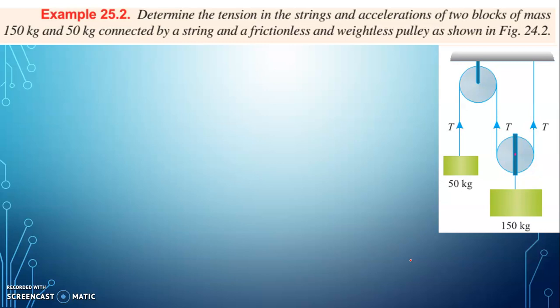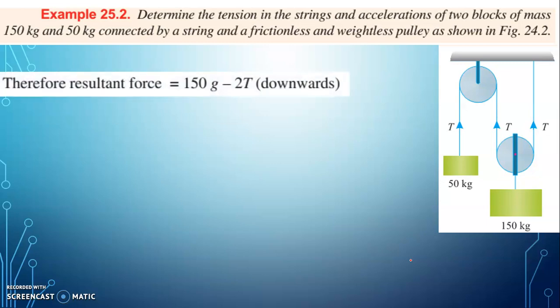For the 150 kg block, what is the net force acting on it? Its weight will be acting in the downward direction, and since it is the larger weight, it will go downward. So 150 g acts downward, and upward two ropes are used to hold the 150 kg block, so it will be T plus T, 2T, the upward force.